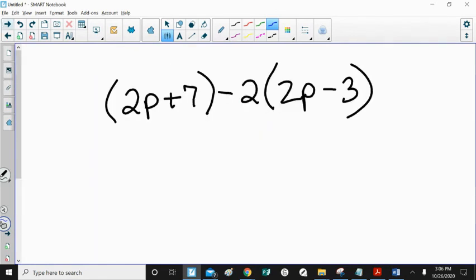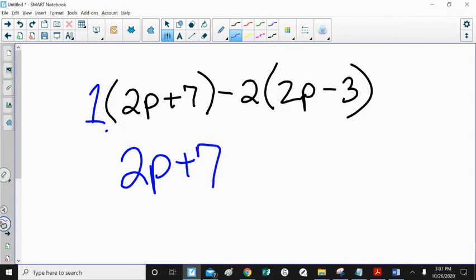One last example. Again, there is no number outside my parentheses, so I'm going to remember that there is a positive 1 out there. I multiply through by the positive 1, and I get 2p plus 7.